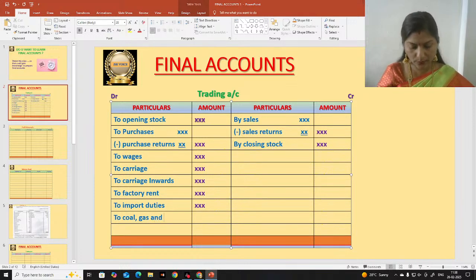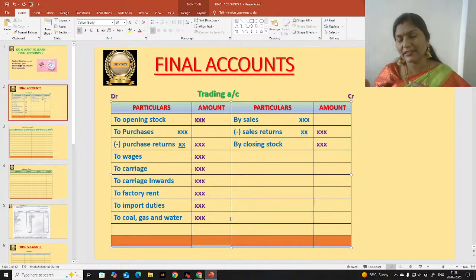Coal, gas and water. Okay, so these all we use in the factory only. So that is why these all are factory related expenses. We should record them here only. Okay, so coal, gas and water. And next, if like this I will tell you, but here I am not going to write because these are very important items that regularly appear.